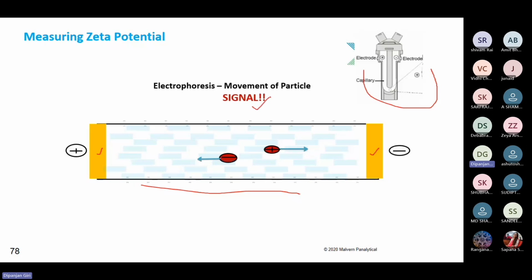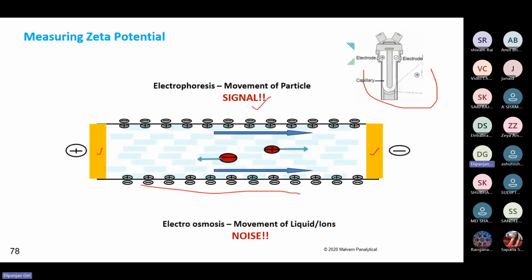But along with the charged particle, there will definitely be movement of the liquid or the ions, which is known as electroosmosis, and this is not what we want to measure. We want to measure only the signal.